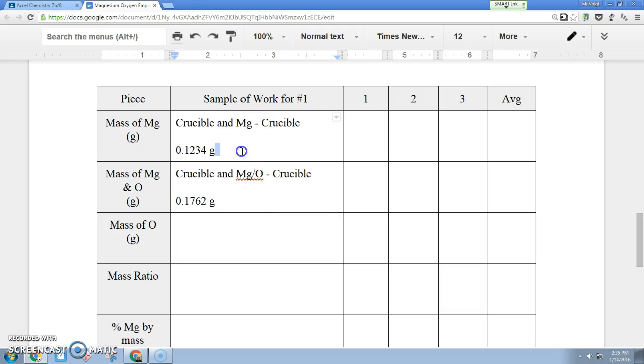So if the magnesium weighed 0.1234 grams and the magnesium oxide weighed more, ideally oxygen particles went into the crucible from the air.